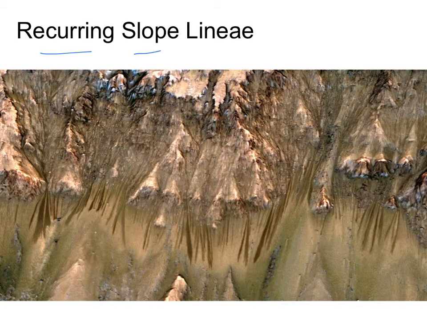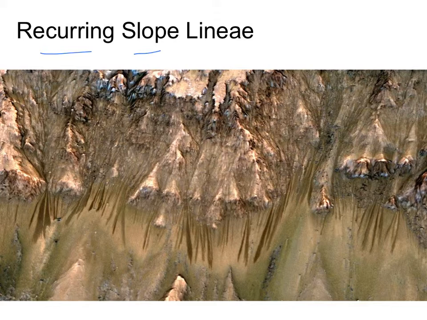And they tend to do this seasonally. What's very interesting and exciting about these RSLs is that they tend to show up in the Martian spring in the area. They develop, and then they disappear over time, only to show up again next spring in those areas.